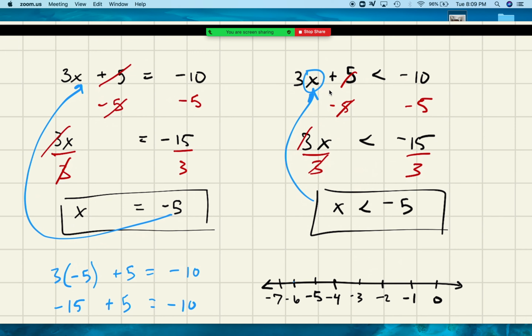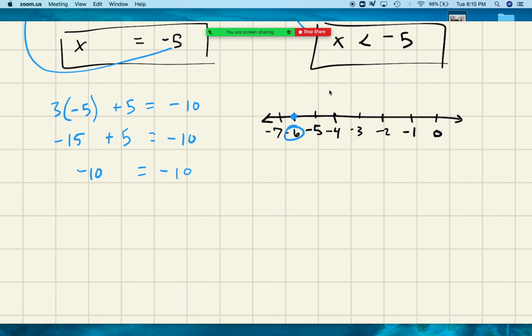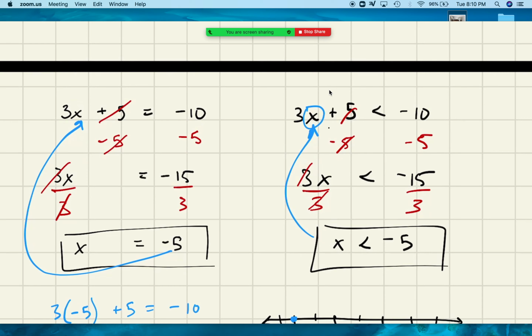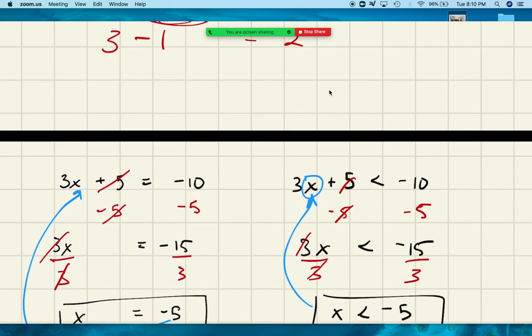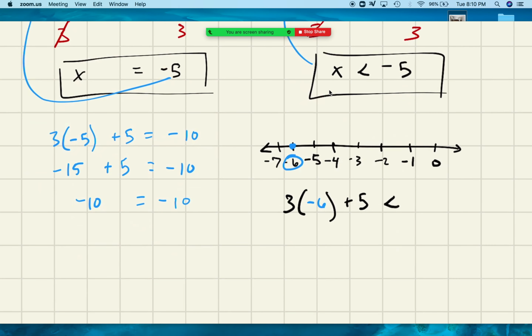So if I plugged in negative 6, it's to the left side on the number line, which means it's less than. So if I plug in negative 6, let's see what happens. 3 times negative 6 plus 5 less than negative 10.